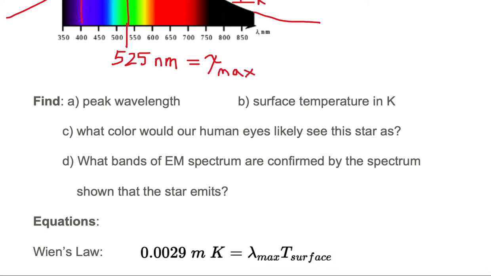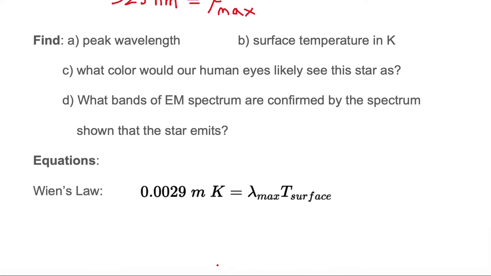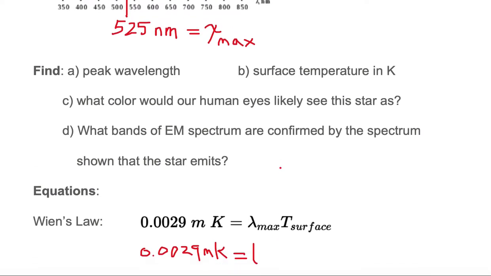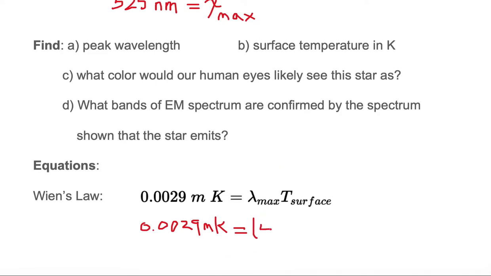The left side is already known, 0.0029 meter Kelvin, so we carry that down. Then we substitute in for the wavelength maximum of 525 nanometers.